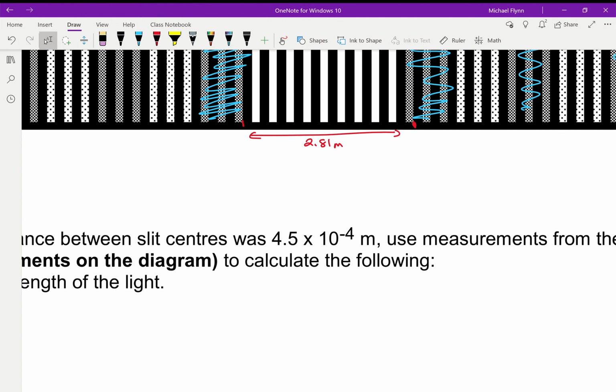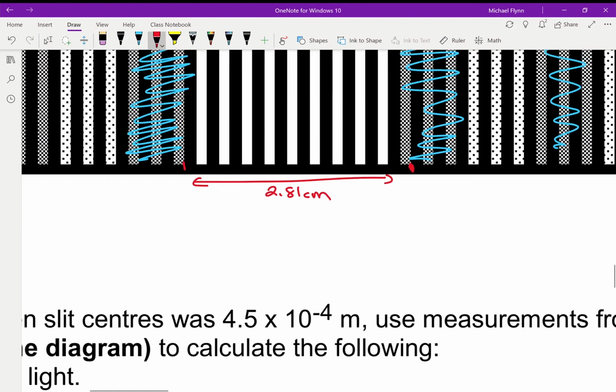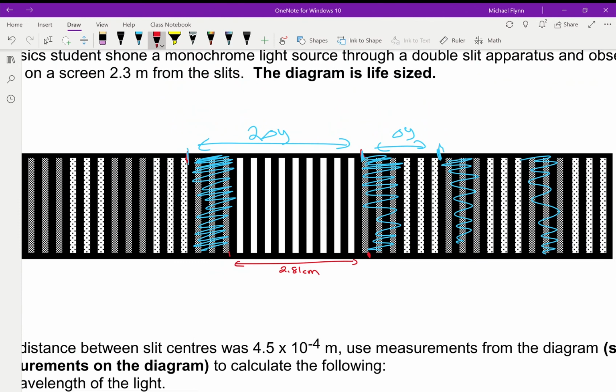Oh gosh. Pardon me. It's 2.81 centimeters. Obviously, because you're going to print that on a piece of paper and measure with a ruler. Make sure I'm doing 1, 2. Okay, yeah, I got it.